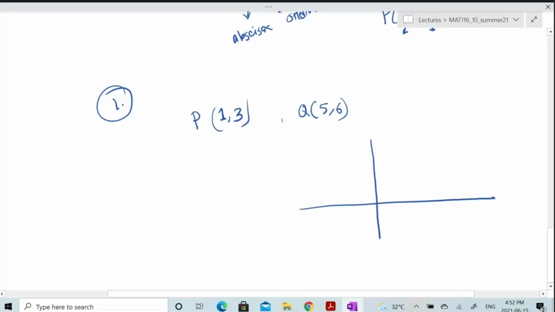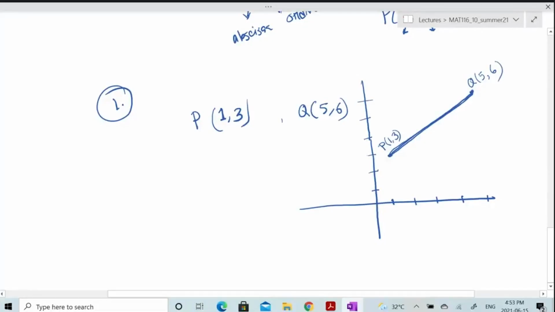So we allocate (1, 3). Say this is 1, 2, 3, 4, 5, and 1, 2, 3, 4, 5, 6. So (1, 3) is going to be here, and (5, 6) is going to be somewhere here, and we join them. Again, this is just theory, so don't be scared. I hope you'll enjoy it.